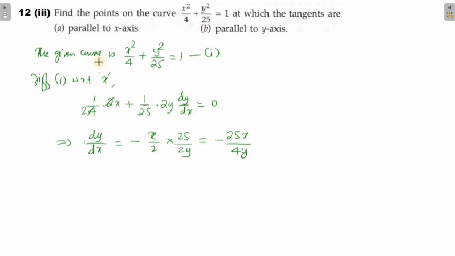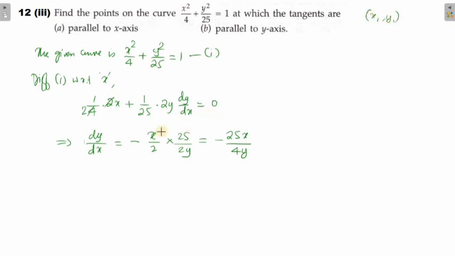Now see here, the question is saying you need to find the point. You have to find the point on this curve at which tangents are parallel to the x-axis. So let me take that point to be x1, y1.